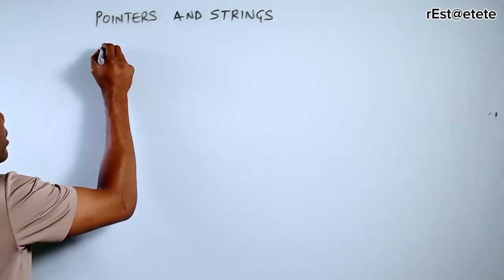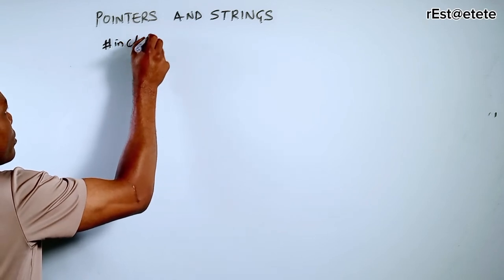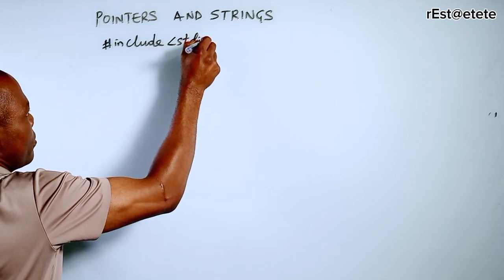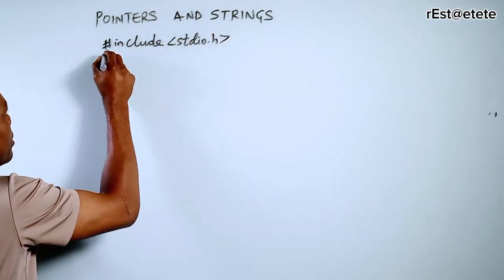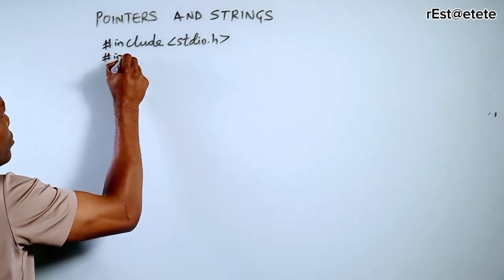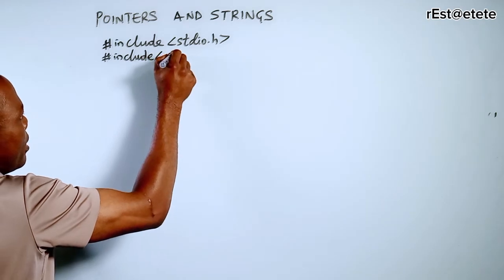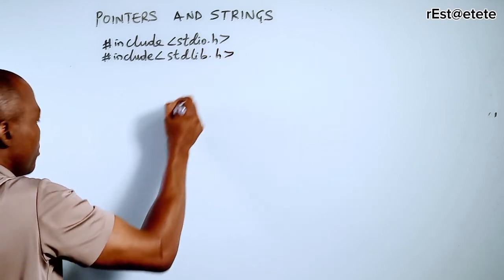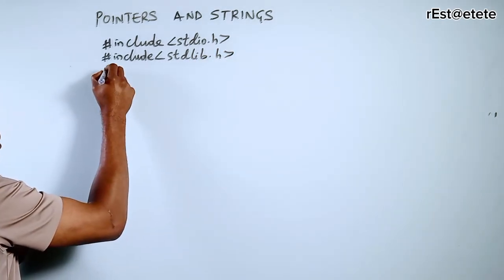So first I will say hash include stdio.h. So this is pointers and strings. Here I will say include stdlib.h because I'm going to call my malloc function, so I need it from this toolbox.